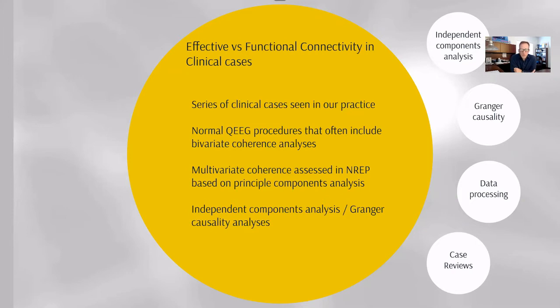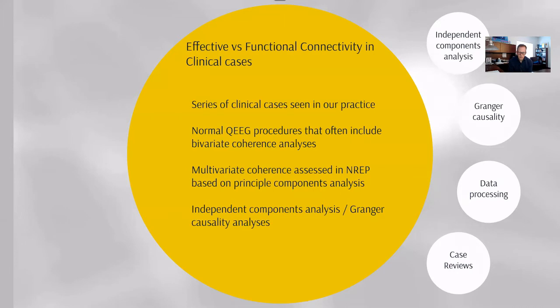What we're going to start with is a series of case studies that look, in everyday QEEG activity, at effective versus functional connectivity measures. These are clinical cases seen in our everyday practice where we perform normal QEEG procedures that, of course, include bivariate or pairwise coherence analyses.